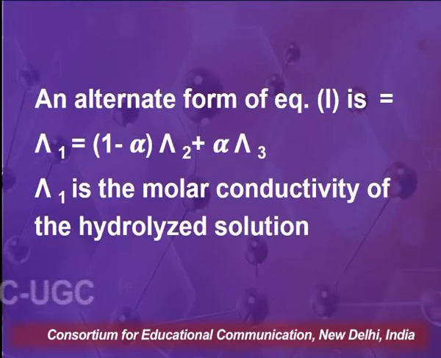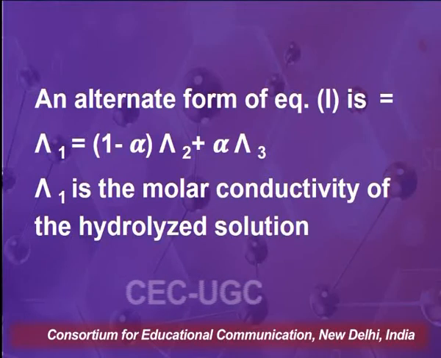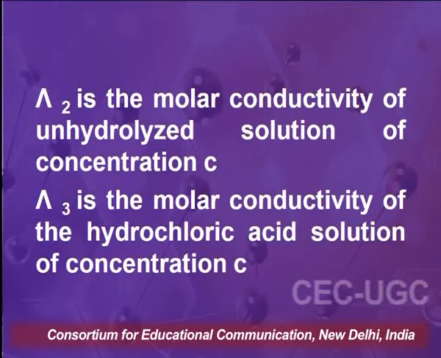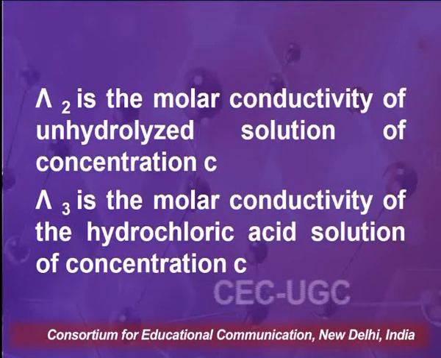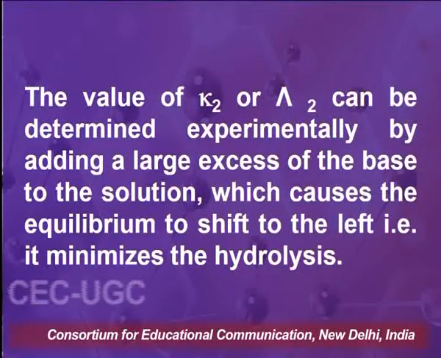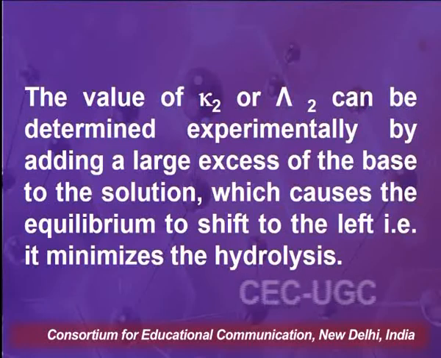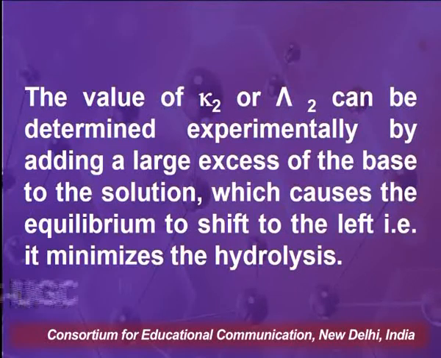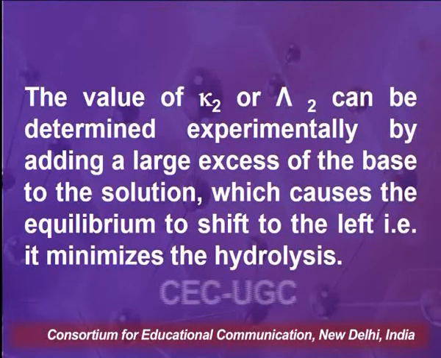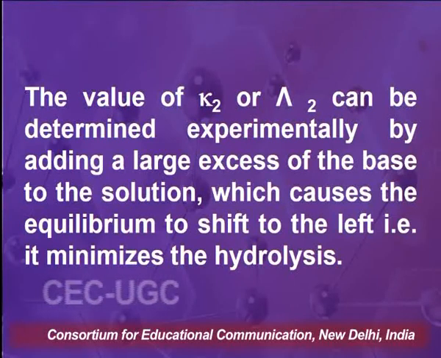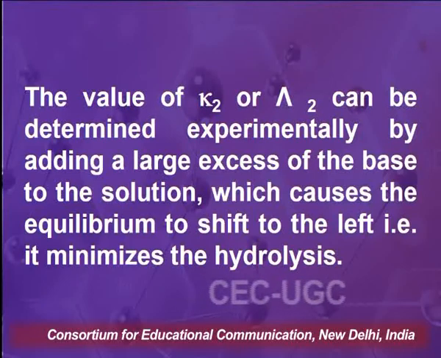Lambda 1 is the molar conductivity of the hydrolyzed solution. Lambda 2 is the molar conductivity of unhydrolyzed solution of concentration C, and lambda 3 is the molar conductivity of the hydrochloric acid solution of concentration C. The value of kappa 2 or lambda 2 can be determined experimentally by adding a large excess of the base to the solution, which causes the equilibrium to shift to the left, that is, it minimizes the hydrolysis.